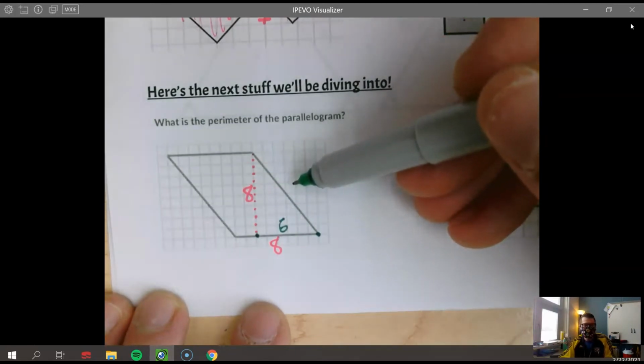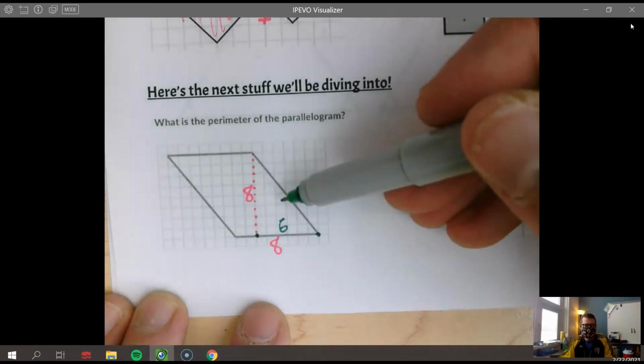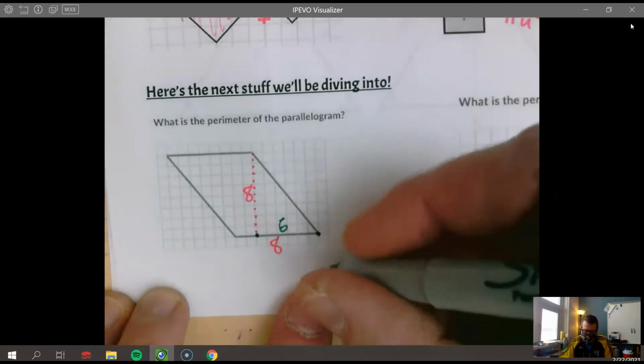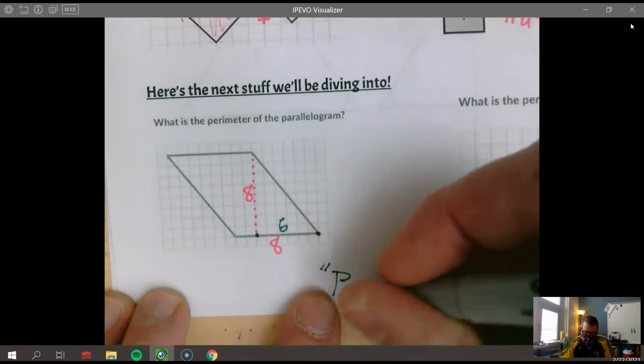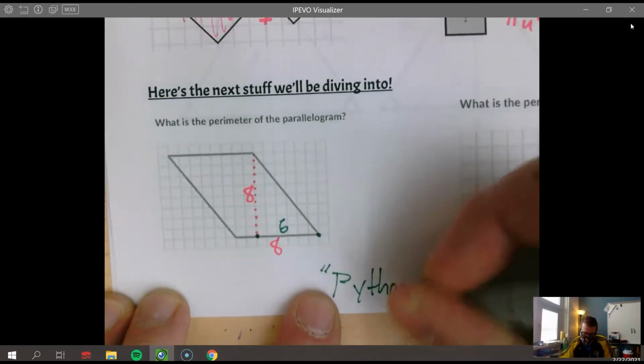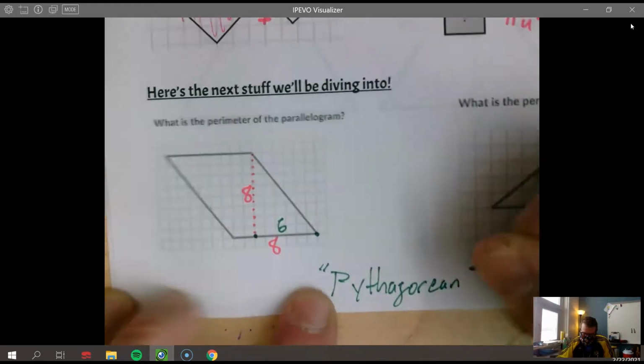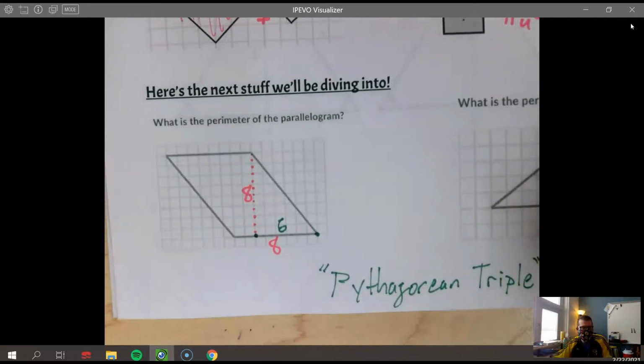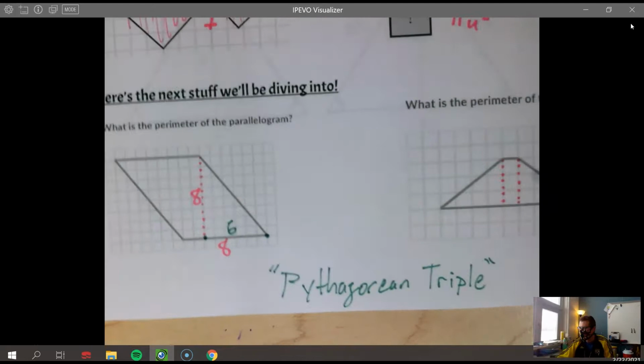I can do the Pythagorean theorem, but if I remember that this is what we call a Pythagorean triple, you might make this note for yourself. A Pythagorean triple is any scaling of 3, 4, 5, or there are actually a couple more.